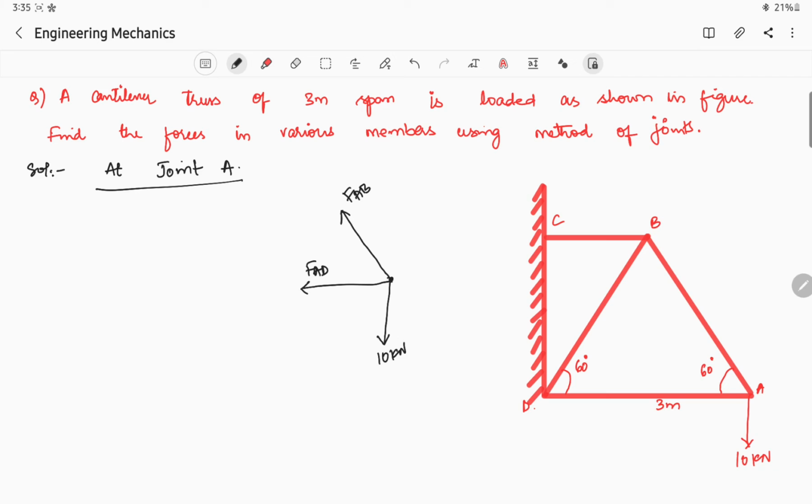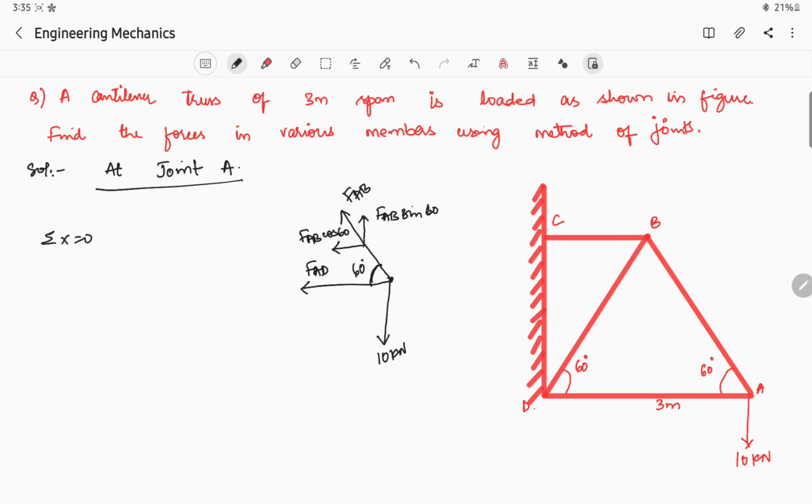Since it is an inclined force, we'll be having two components, FAB sine 60 and FAB cos 60. This angle is given to us as 60 degrees.